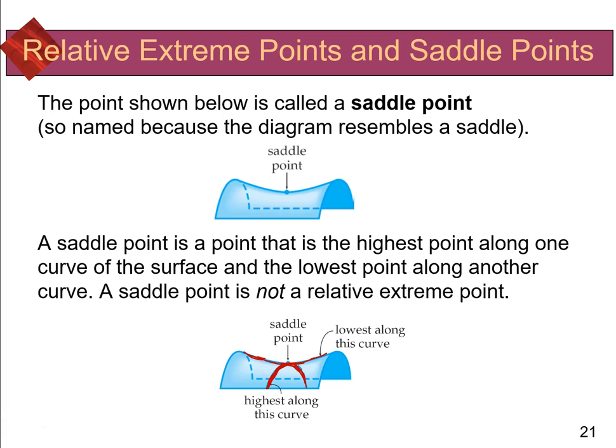But when I start doing tests that we're going to look at momentarily as we go more into this unit, especially in section 3, when I start looking for dimensions and looking for maximums and minimums and doing optimization, there are certain tests we do. These saddle points will come up in those tests, and we have to be able to differentiate between them.